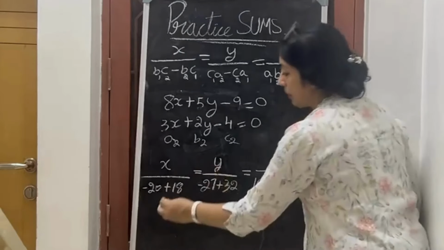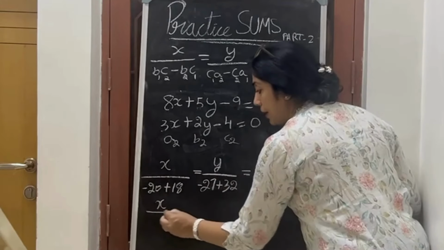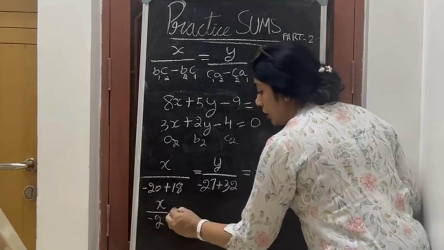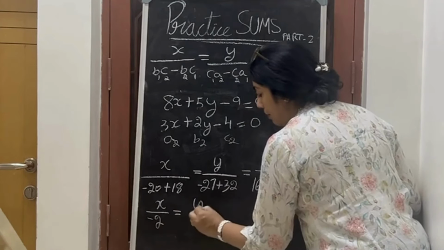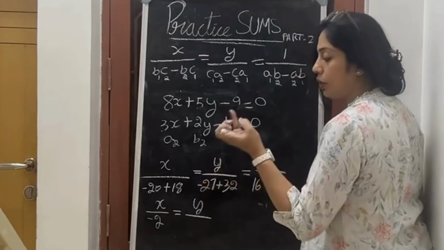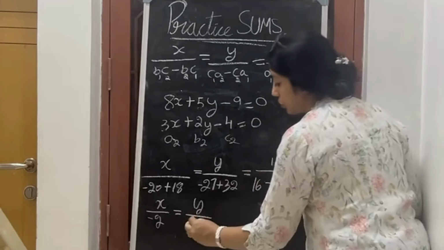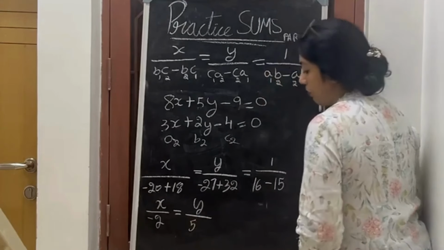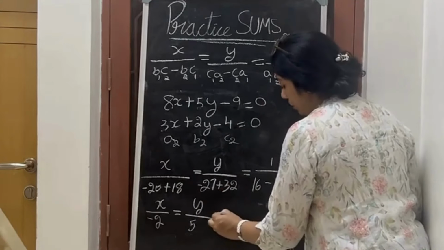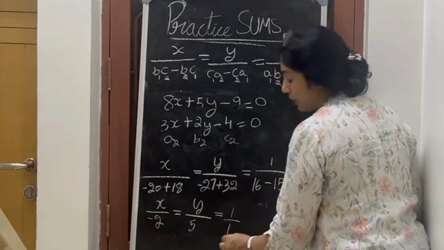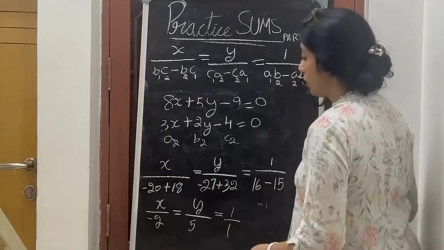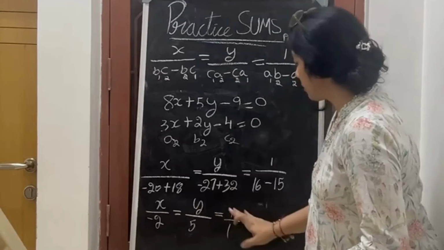Okay. Now what will be my final answer? x by minus 2 equals y by 5, since 28 minus 29 gives the denominators, and y by 5 equals 1 by 1, that is 1 only. Okay, so now x by minus 2 equals y by 5 equals 1.